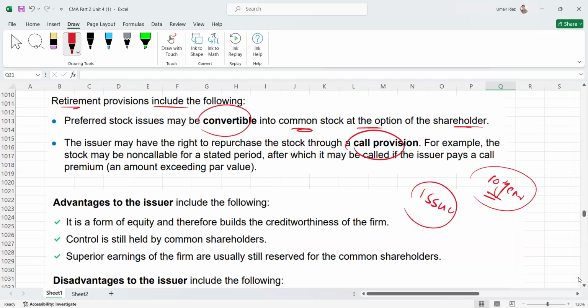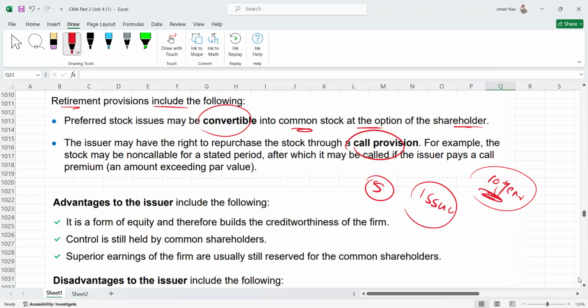Let's assume it is written in the terms and conditions that the stocks may be callable anytime after a certain number of years, for example, after 10 years or after 5 years or after 6 years. So the company can call it back, but the company will pay a call premium. Call premium means some extra amount over and above the par value. That is call provision.